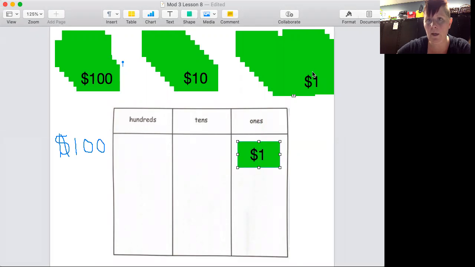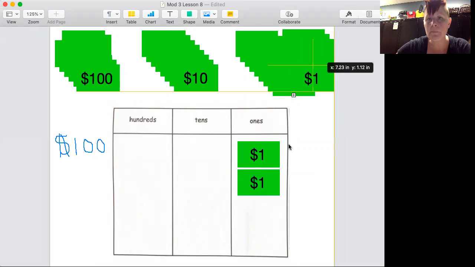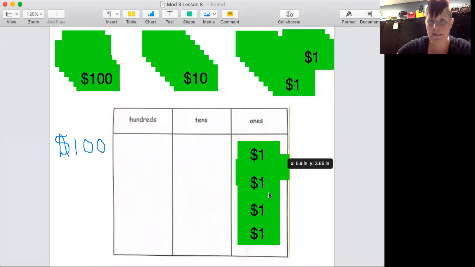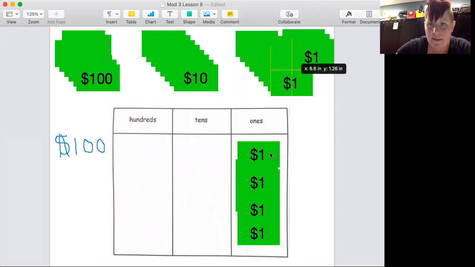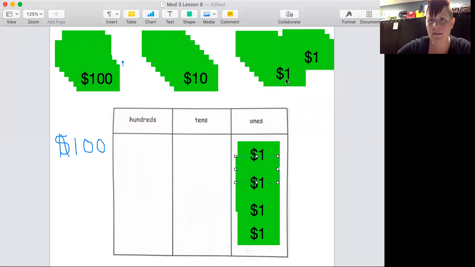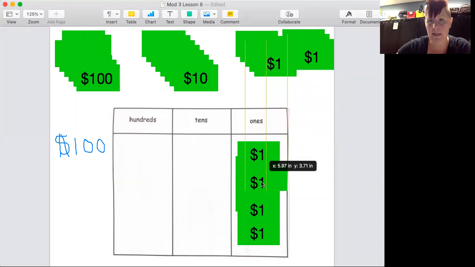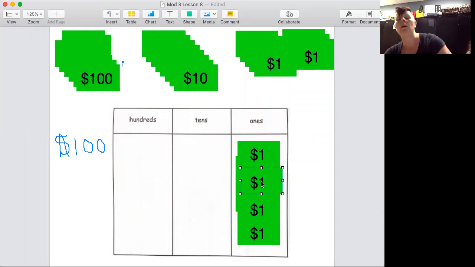So I would go 1, 2, 3, 4, 5, 6, and then you can't see the one on it, 7, 8, 9, and 10. So I've got 10 ones in my ones place.